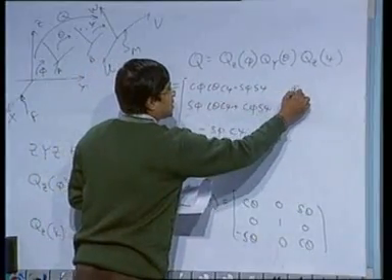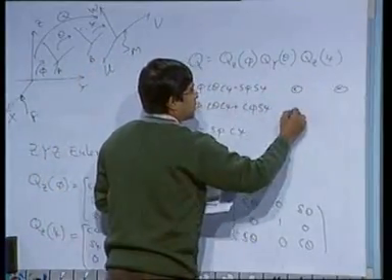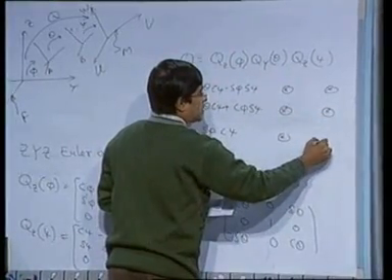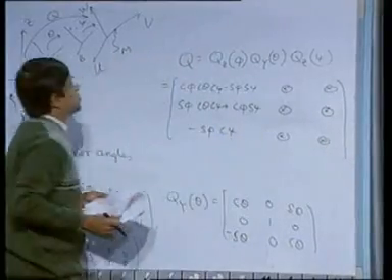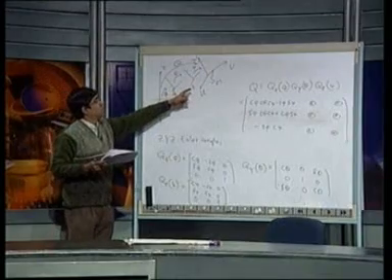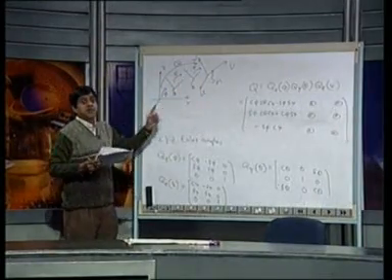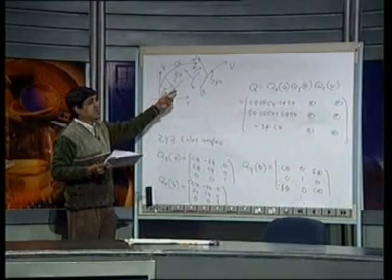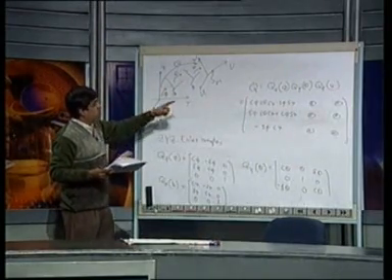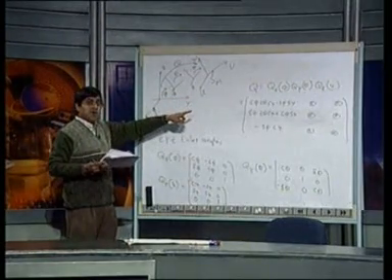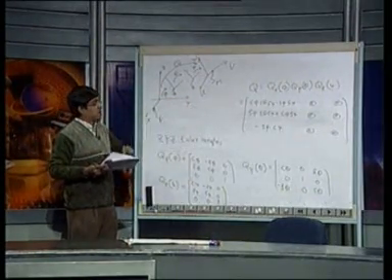Similarly for the other elements. This is the representation of the rotation matrix Q of the moving frame with respect to the fixed frame, where the intermediate rotations are represented using the Euler angles. You could also verify that this follows the property Q transpose Q equal to the identity matrix.